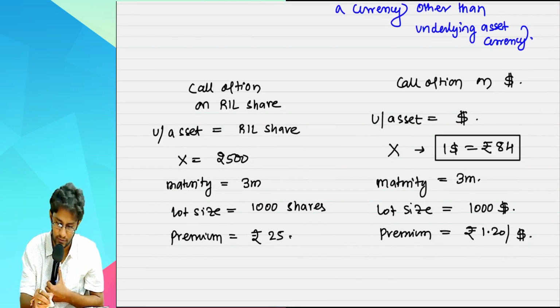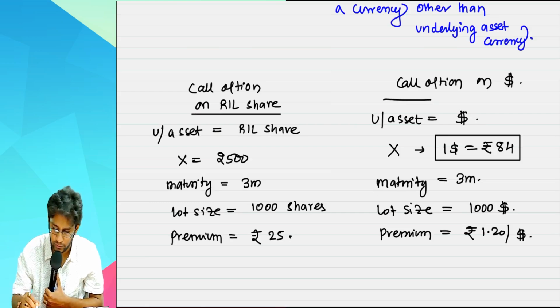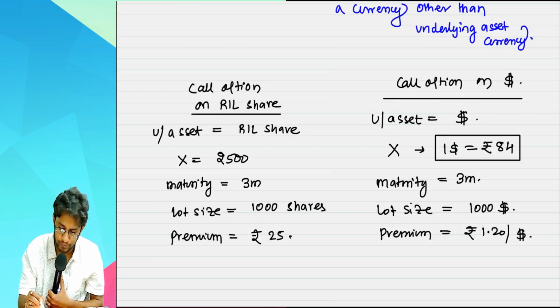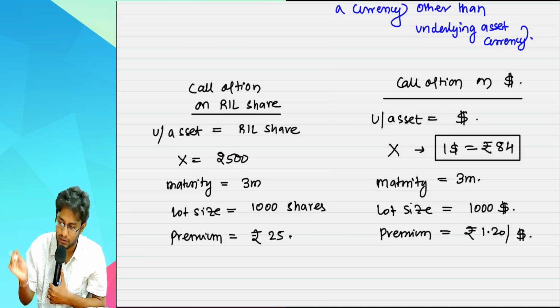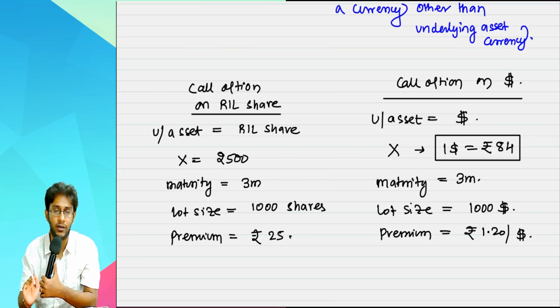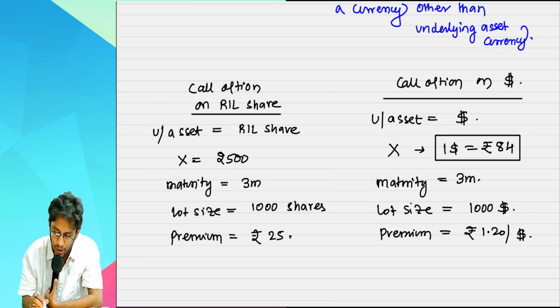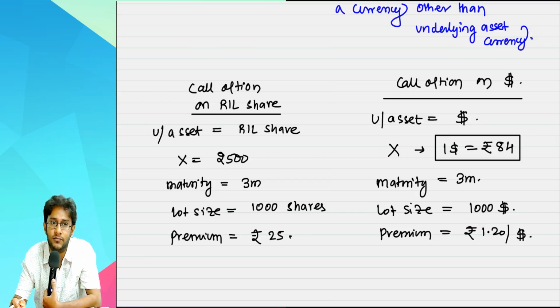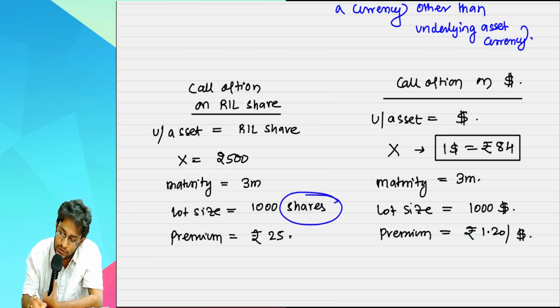What I want you to observe is the data in the Reliance share, then you will link it to the dollar option. Look at the first call option. Tell me, sir, lot size is in which units? 1000 shares of which company? That means the lot size will always be in underlying asset terms only.